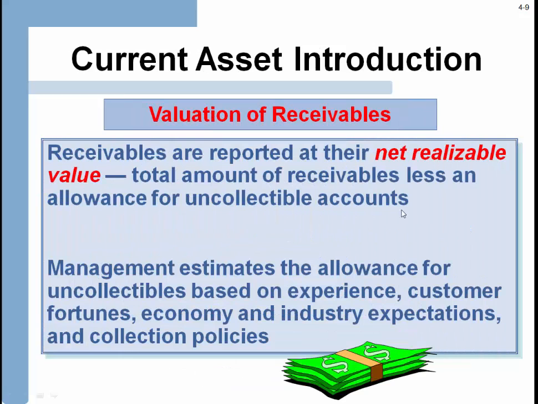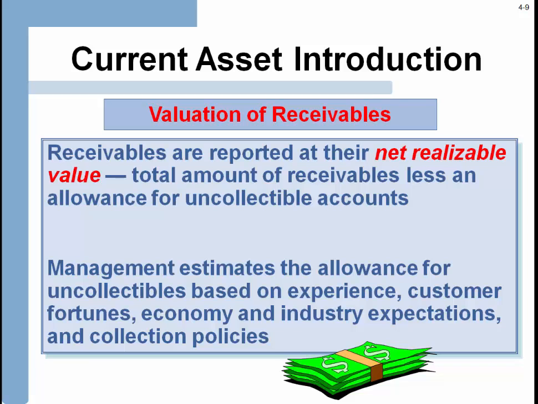How do you value it? You put them on the books at net realizable value using an account called allowance for uncollectible accounts. In some texts, they might call it allowance for bad debts. It's a contra asset account, and they use that to keep track of what it is. Now, the one thing that's interesting here at the bottom, it talks about what they estimate. So here's one of the places in the financial statements where it's an estimate about what their percentage of uncollectible is.